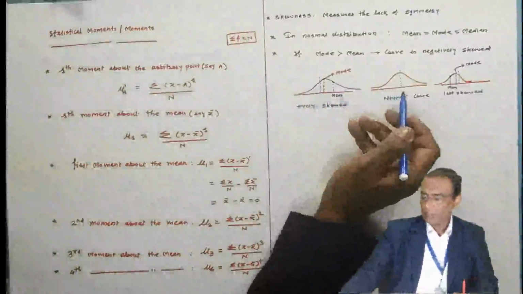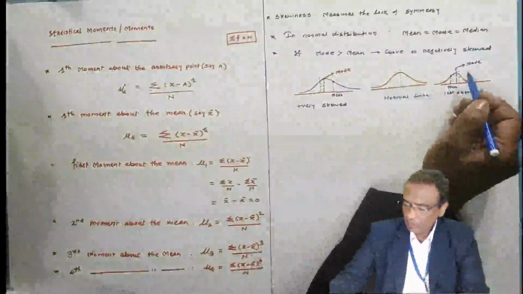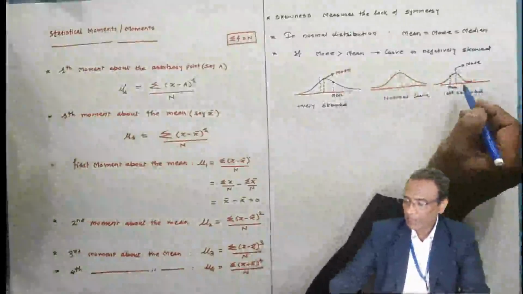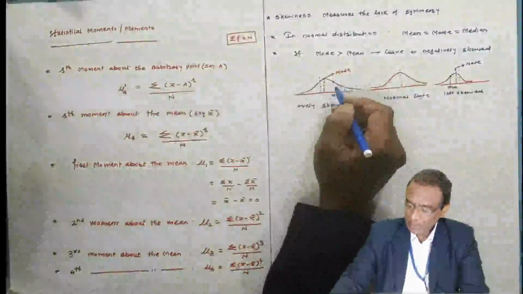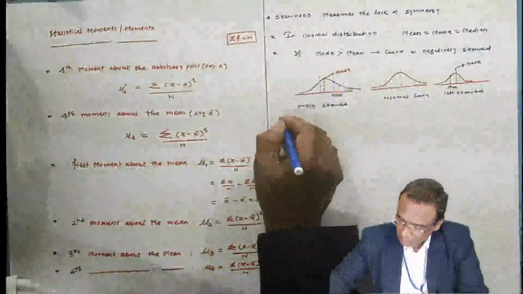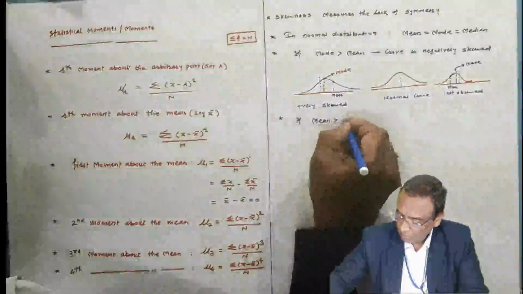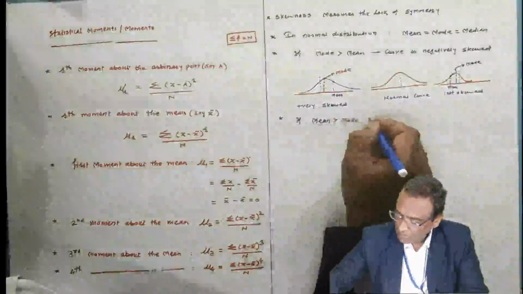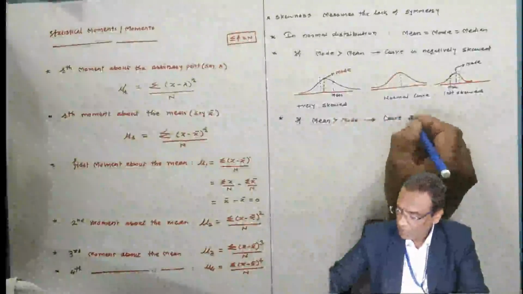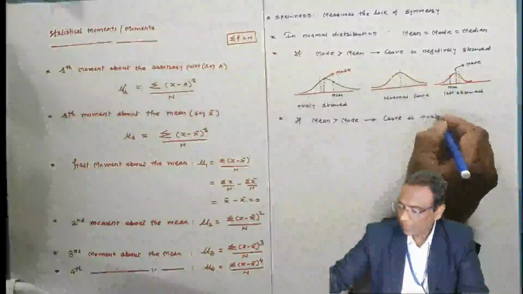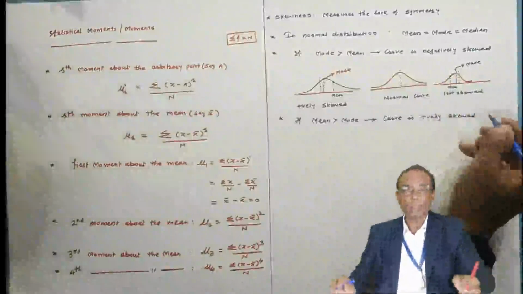For normal, mean, mode, median are the same. When mode is greater than mean, it is left skewed. If mean is greater than mode, then the curve is positively skewed.